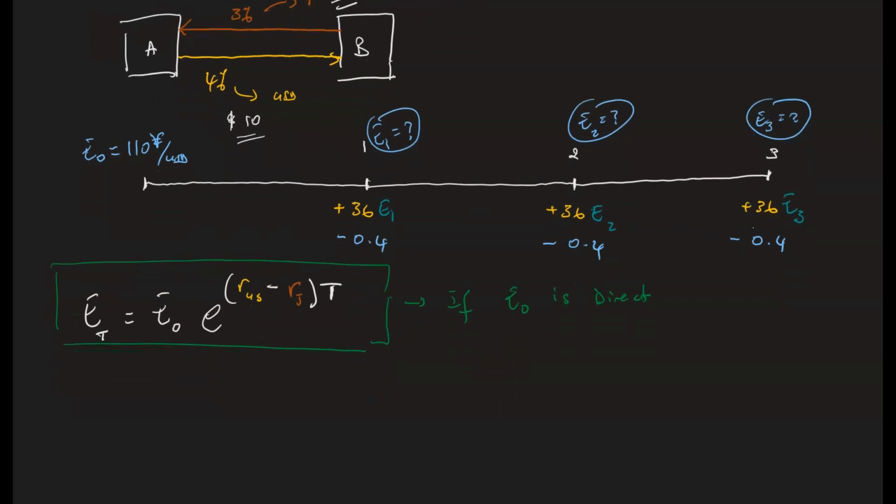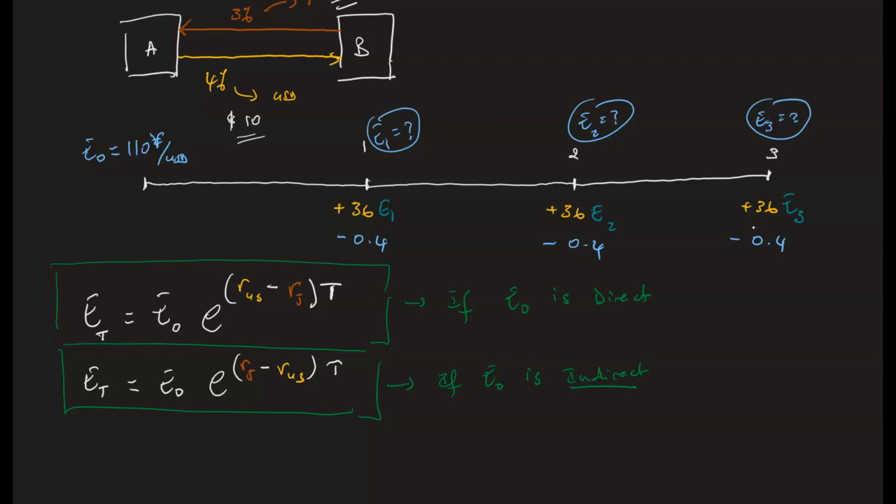And if E0 is indirect, what we have is E_T equal to E0 times the exponential of, in this case we're going to start with R_J, and then we're going to subtract R_US, and that's going to be it for us. And this would apply if E0 is indirect.